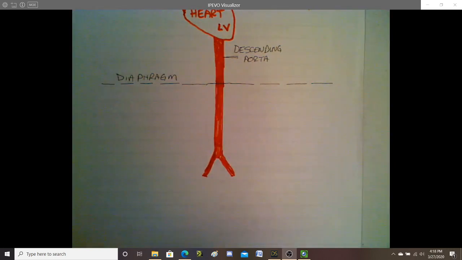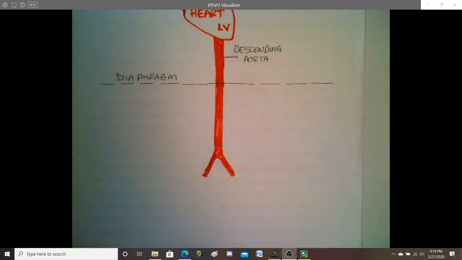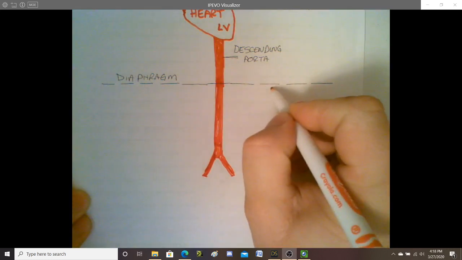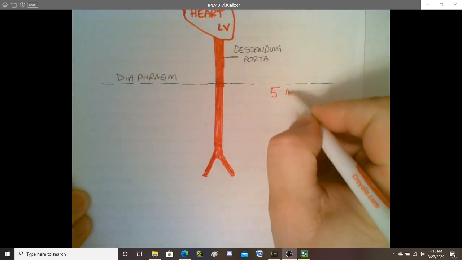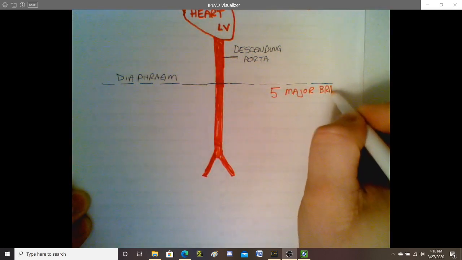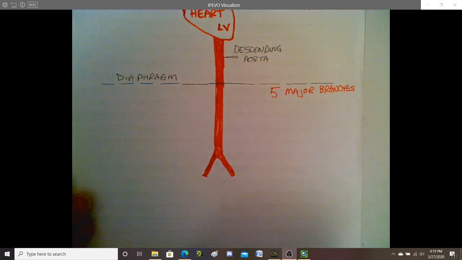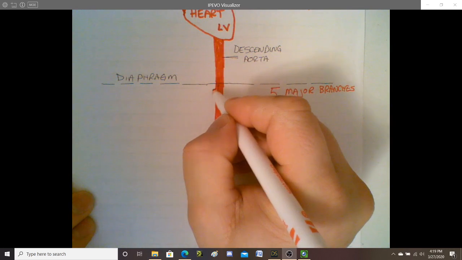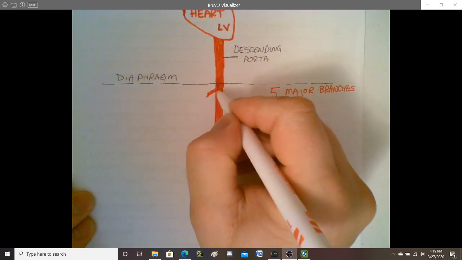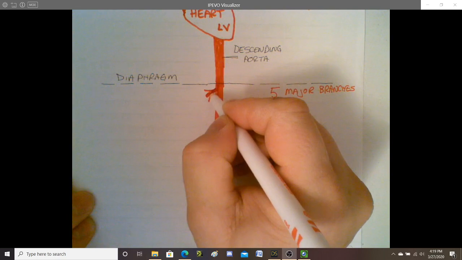Okay, now what you need to know in this abdominal region is that there are 5 major branches to your aorta. All right, so we have 5 major branches. And these are what you need to know for the test. The first branch is going to come off below the diaphragm, and it's going to itself branch several times.